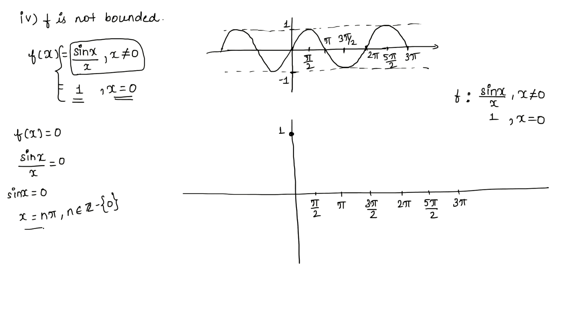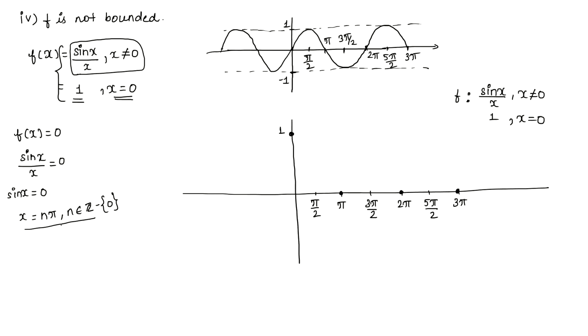So at all the n pi's where n belongs to Z minus 0, the function f of x is equal to 0. So at the points where I am putting dots now, the function is equal to 0.